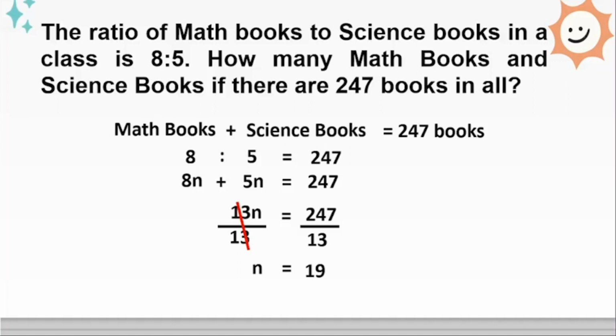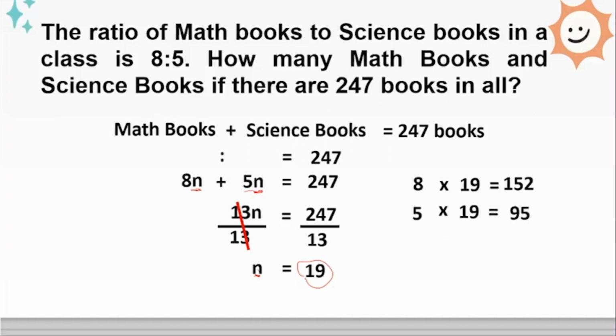Then let's substitute n. In 8n, substitute n. So 8n times, what is the value of n? 19. So 8 times 19 equals 152. Then 5 times the value of n, which is 19, equals 95.